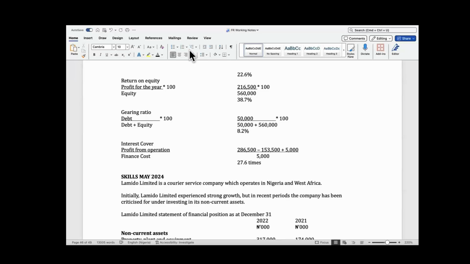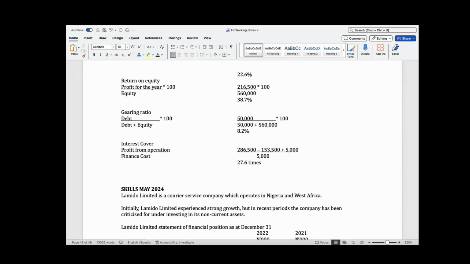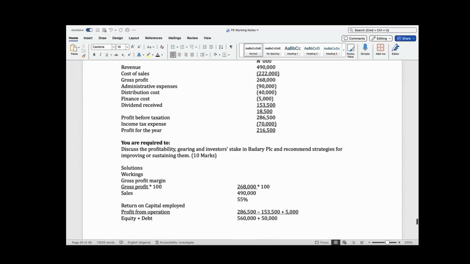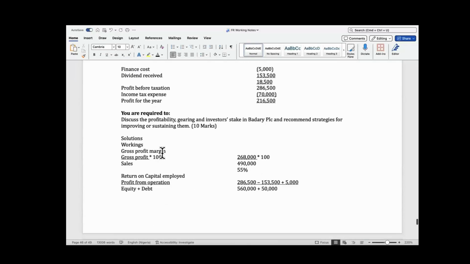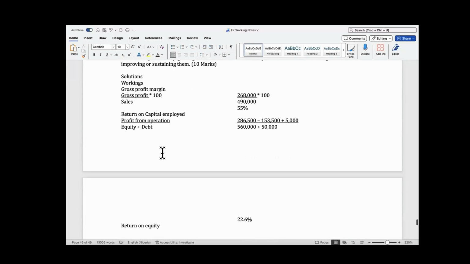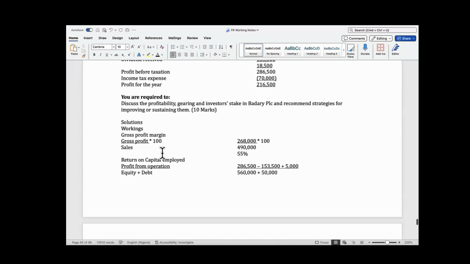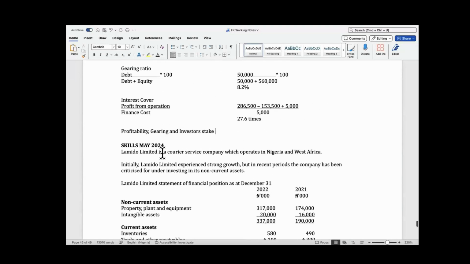Okay, so let's discuss this. I want us to talk about profitability, gearing, and investor stake of Badagry, and recommend strategies for improvement in Badagry.